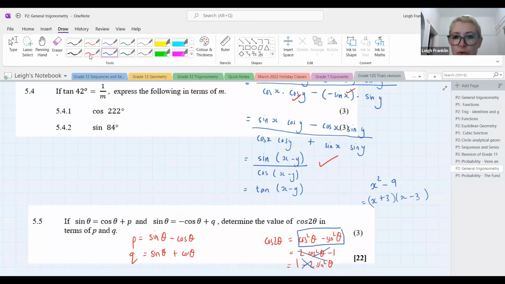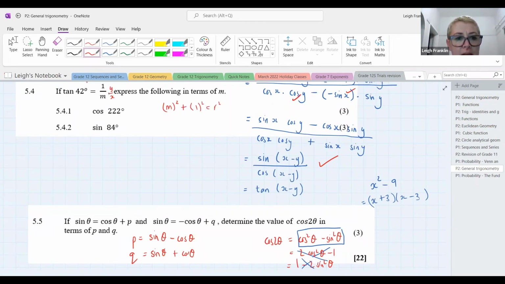All right, so the tan of 42. When we talk about the tan of an angle, we're talking about y over x, aren't we? So in this situation over here, they're telling us that y is equal to 1 and x is equal to m. So again, we've got to do the theorem of Pythagoras. So x squared plus y squared equals r squared. So we've got m squared plus 1 squared equals r squared.